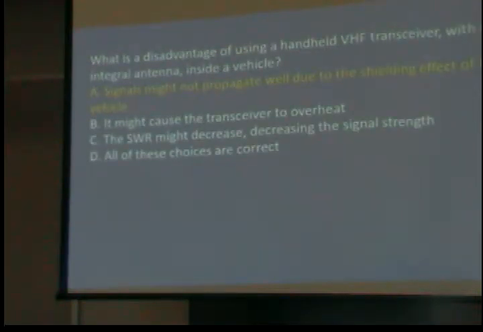What is a disadvantage of using a VHF handheld transceiver with its integral antenna inside a vehicle? In other words, using your HT with a rubber duck inside the vehicle. The signals might not propagate well due to the shielding effect of the vehicle. The biggest thing you can do with an HT, if you're going to use it in a car, is get a quarter wave vertical on the roof.